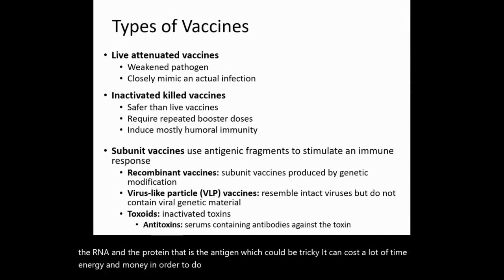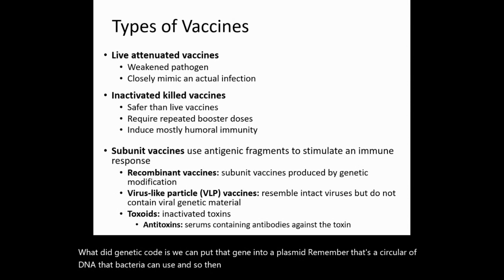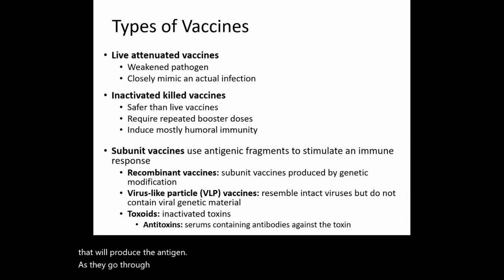But once we know what the genetic code is, we can put that gene into a plasmid. Remember, that's a circular piece of DNA that bacteria can use. And so then those plasmids are given to either bacteria or yeast that will produce the antigen as they go through their normal transcription and translation processes.